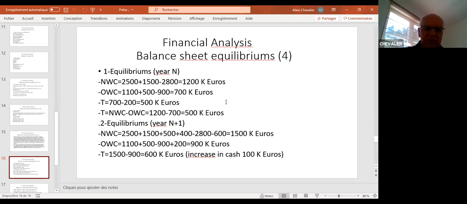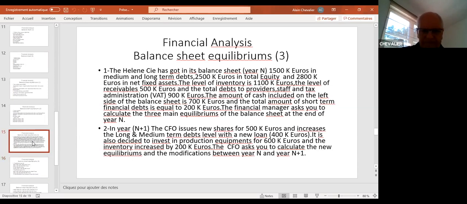So the net working capital is equal to what? Remember that, it is equal to total equity, which is 2,500 here, plus long and medium term debt, which is 1,500. And of course, this is supposed to finance the investments and the level of fixed assets, which is the investment accumulations in the balance sheet, 2,800. So the calculation is very, very basic.